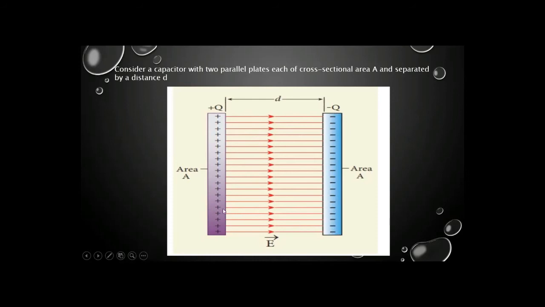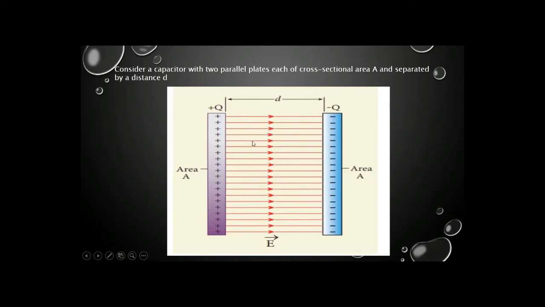When we place the two plates in contact, the electric field exists between the two plates. That's how we can place the capacitor with the two parallel plates, each of cross section area A and separated by a distance d.